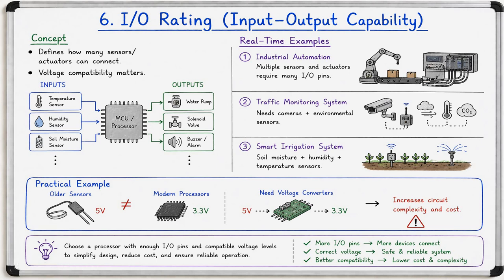If a device has limited input-output pins, it can only connect to a few sensors. So if you require more inputs, you will also require more output pins.